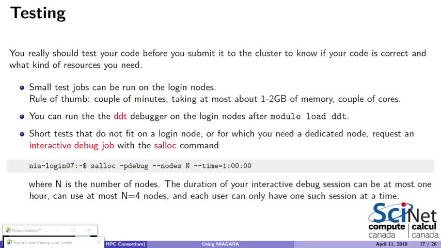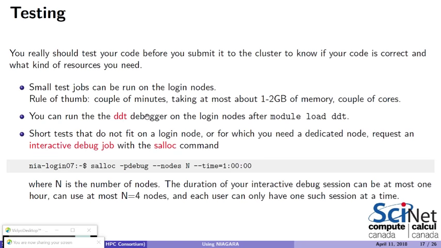You don't want to ask for a 1,000-core job and launch it off and then realize that it crashes right away. It's hard, and it's not very useful. So you want to test on a small scale whether your stuff is working. So please do that. You can run small tests on the login node. So no real computation, but anything that takes a couple of minutes and say 1 or 2 gigabytes of memory, or maybe even a little bit more, that's fine. Just make sure that things work.